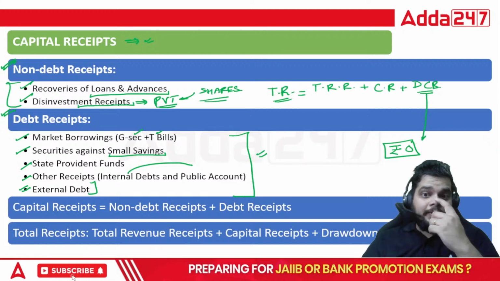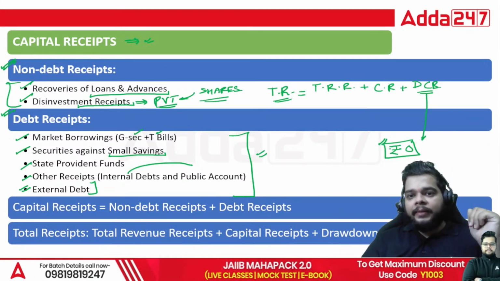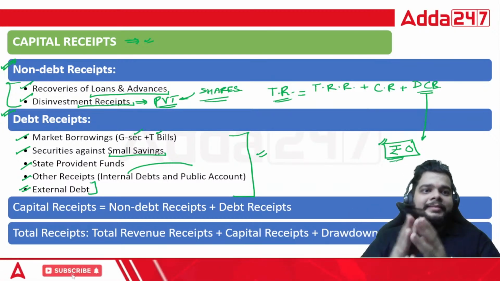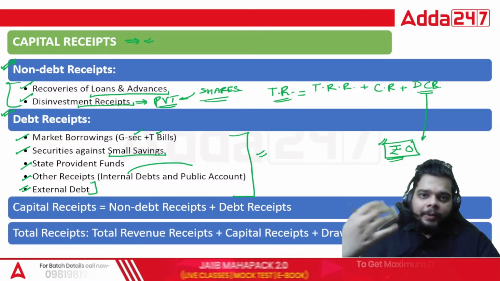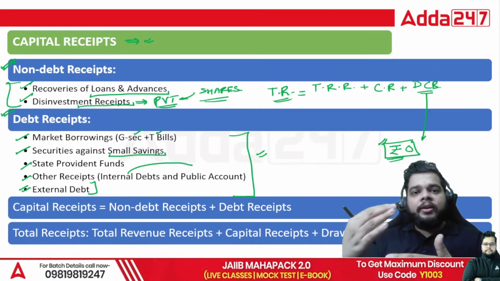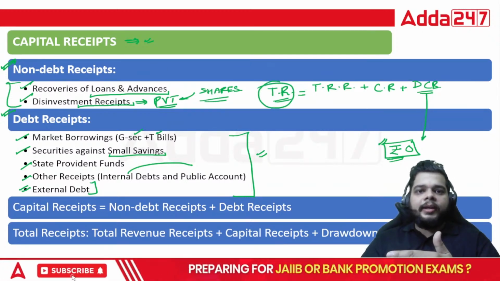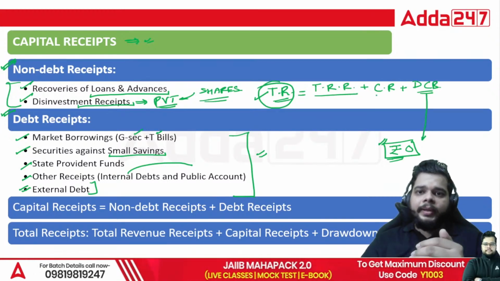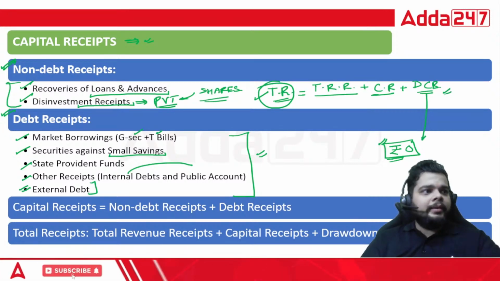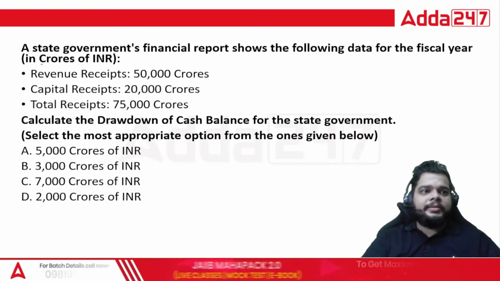The answer is no. There must be some balance from the previous financial year as well. And if you are not utilizing that balance right now, it will be included in the budget of the upcoming financial year, which is known as drawdown of cash balance, which will be a part of your total receipt. Okay, so total receipt will be total revenue receipt plus capital receipt plus DCB.